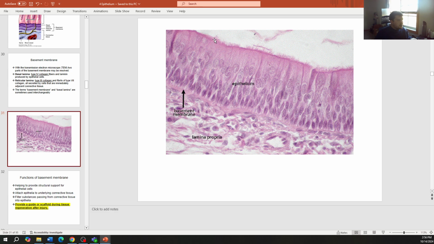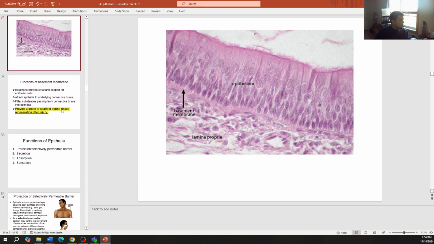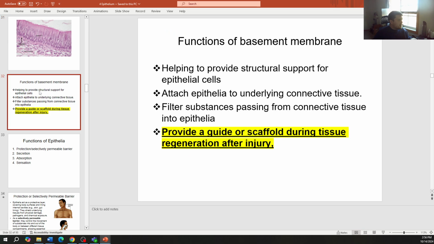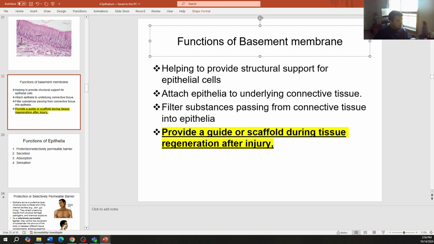And again, another picture, there's the epithelial cells. These little wispy strings coming off, those are some of our cilia. This is the apical surface. Basal surface, we have basement membrane, and then lamina. We'll get into more of this terminology later. Now, the big function of our basement membrane is that it provides the structural support for our epithelial cells.